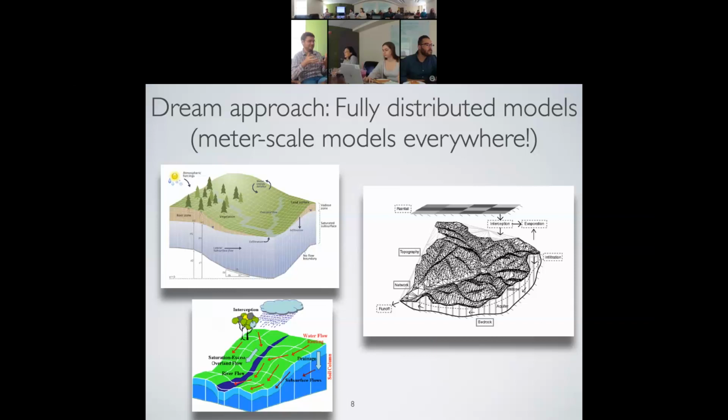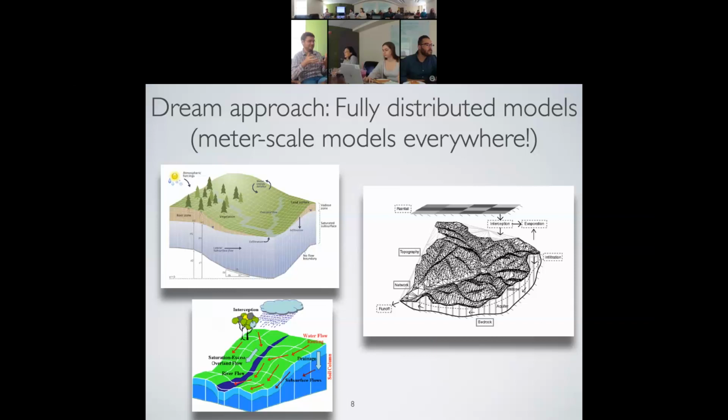The problem with that is that A, the computation becomes very high, and B, the uncertainty in the parameters is so enormous that it's not entirely clear what is the actual gain from it. And with the concept of Earth system modeling, we don't want land to take up 99% of our computation, right? We want land to still be pretty small.